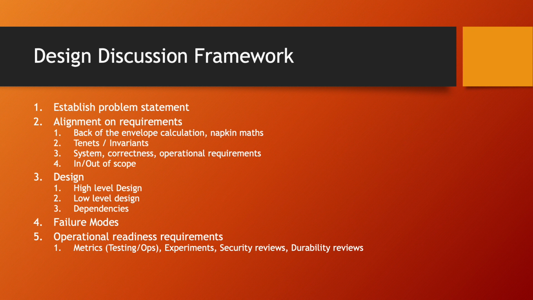Then as part of the actual design, we should first start with the high level design, then go deeper into low level designs, and depending on interviewer interests or time, we can dive deeper into specific topics. Then we could discuss failure modes and also discuss operational readiness requirements, which could be metrics, experiments, security reviews, and durability aspects of the design.